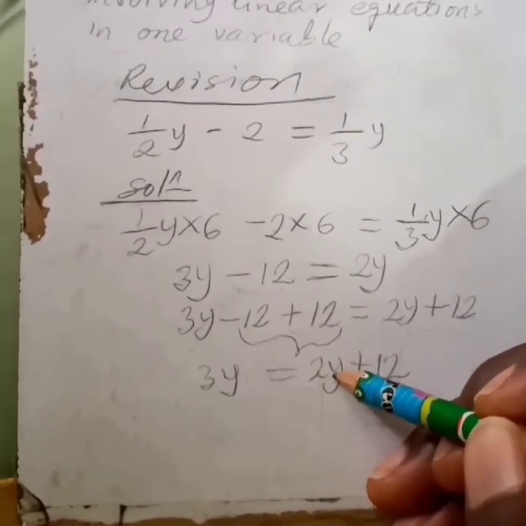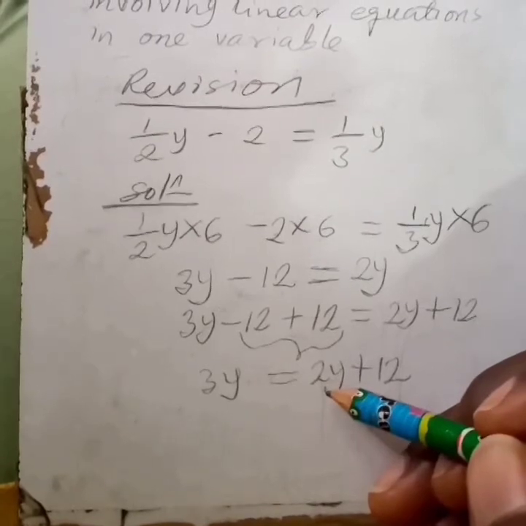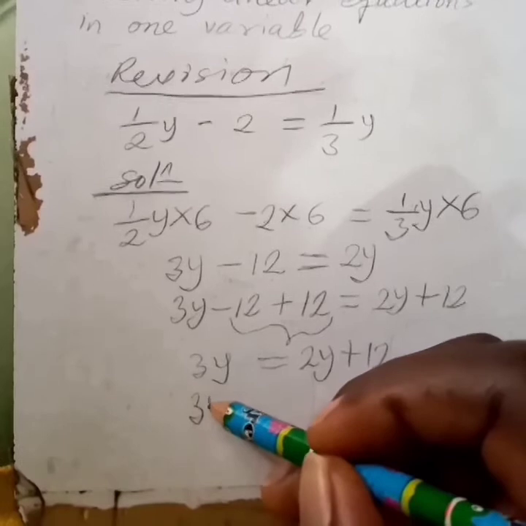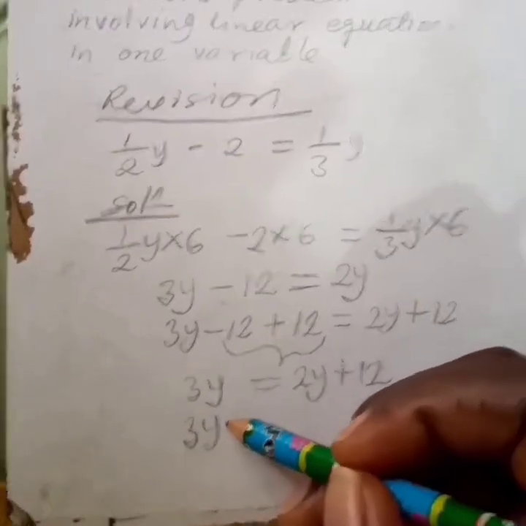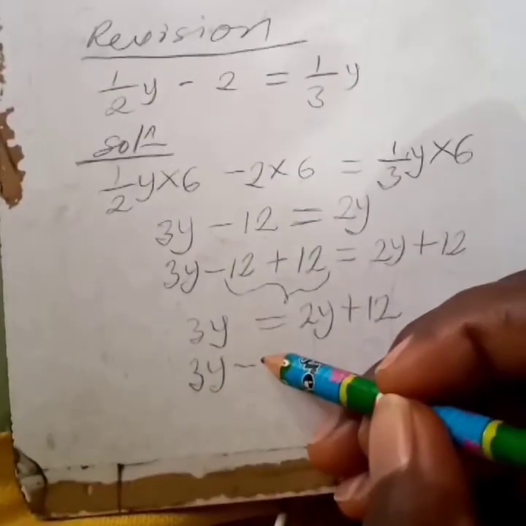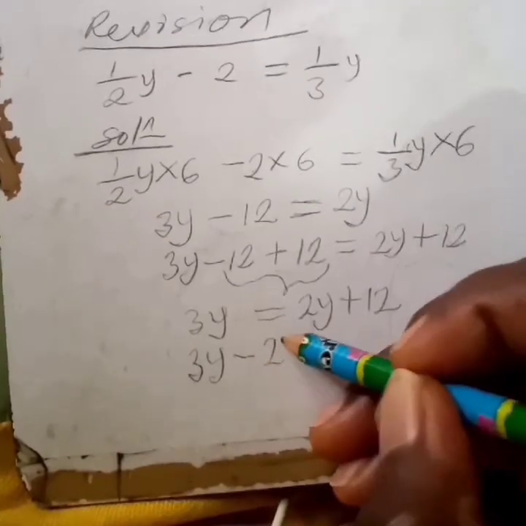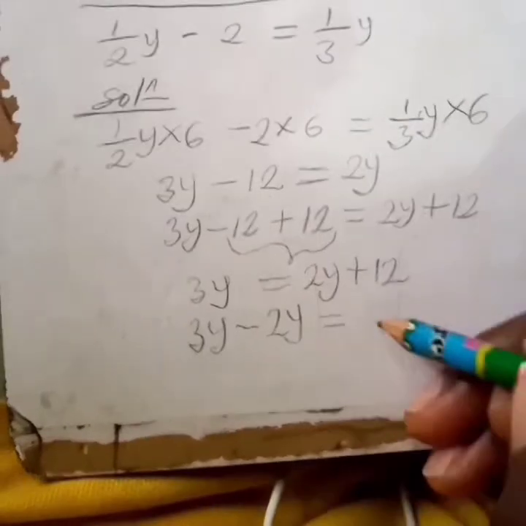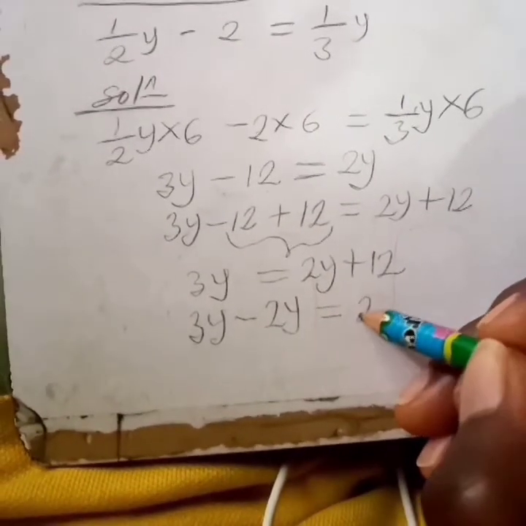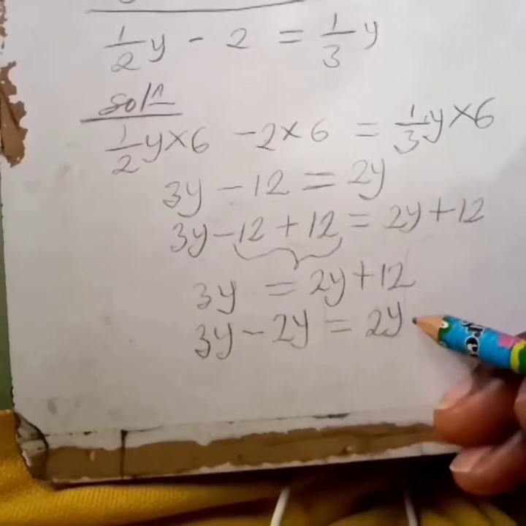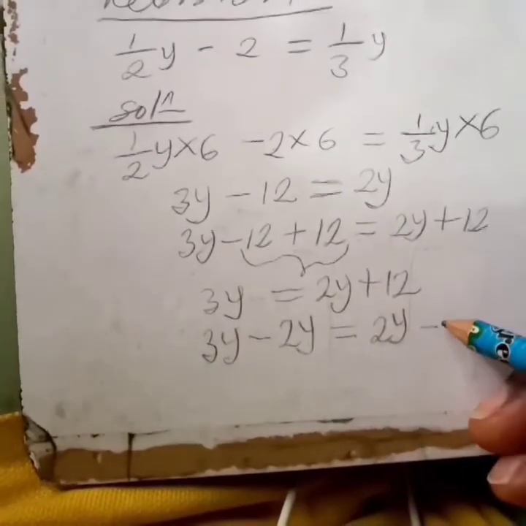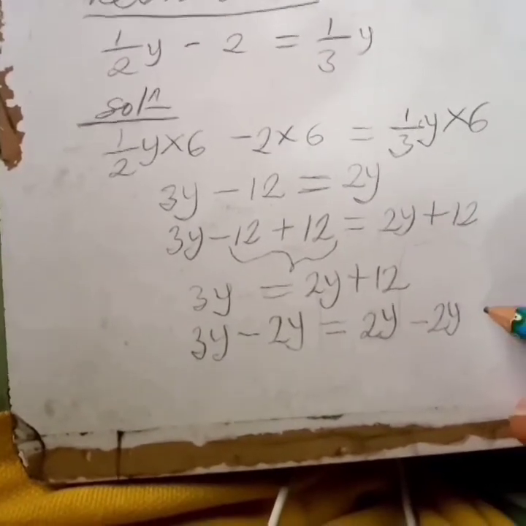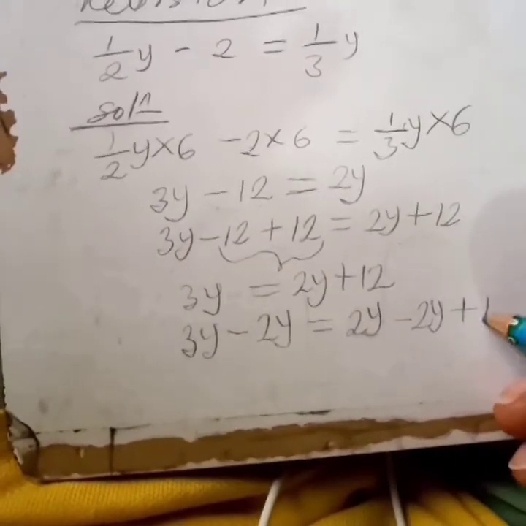So we must add its additive inverse to both sides of the equation. 3y minus 2y equal to 2y plus its additive inverse minus 2y. Then the last one is plus 12.